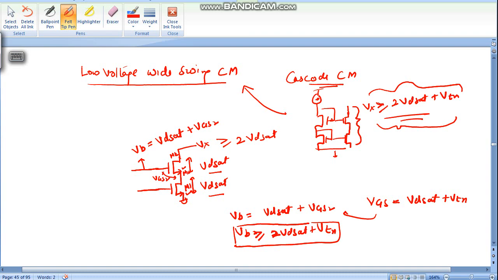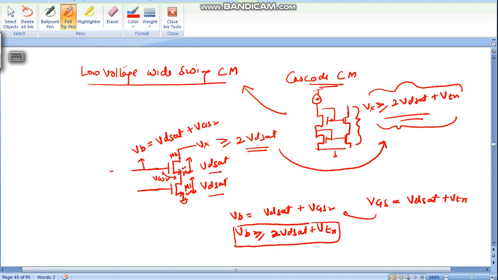Now if we have VB equal to this, then we can have a minimum headroom of 2Vdsat, which is less than the minimum headroom required for the cascode current mirror.